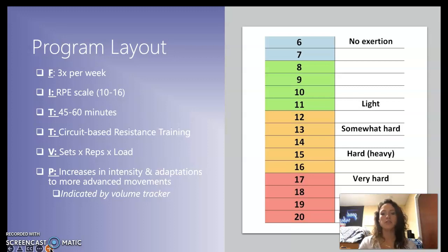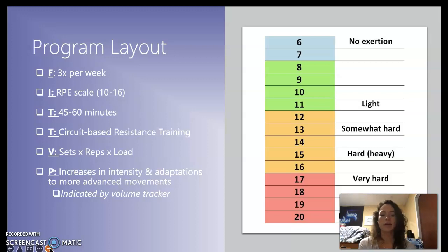But I also did his programming in a circuit-based style to help test his cardiorespiratory system as well. So he would complete 3 exercises, have his rest time, and then restart that entire circuit for the second set, to give him some cardiovascular benefits, but mainly focusing on increased muscle function, increased muscle size, and overall functionality, which was one of MA's goals.